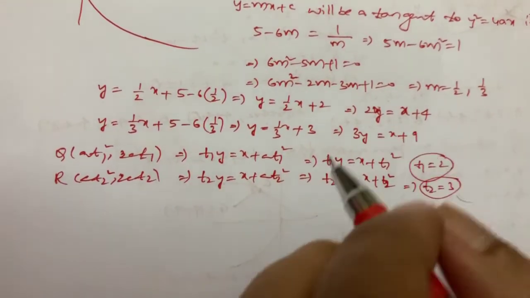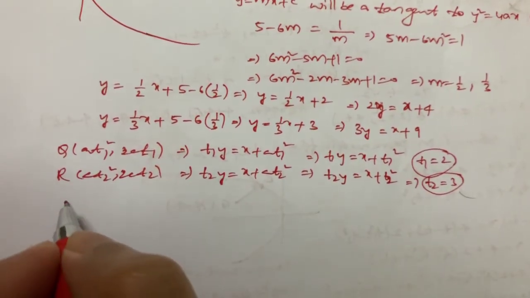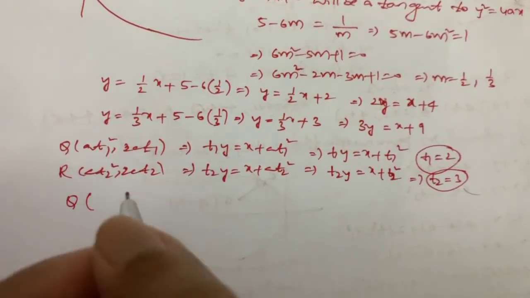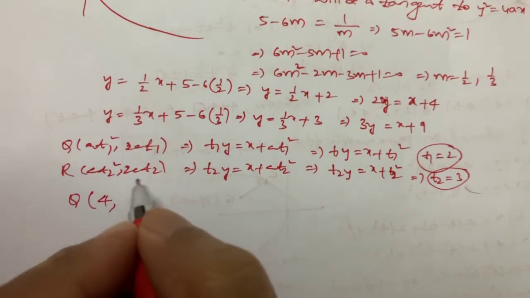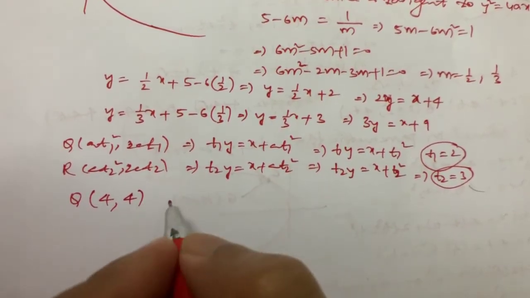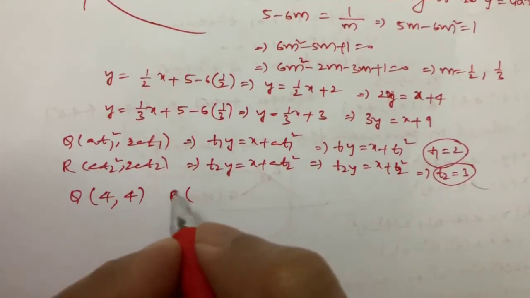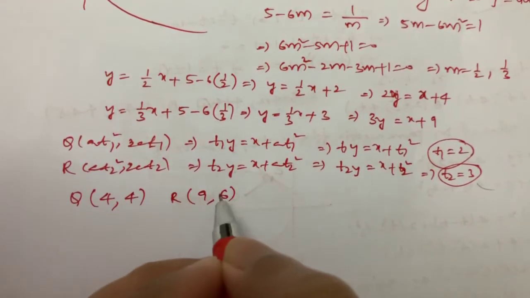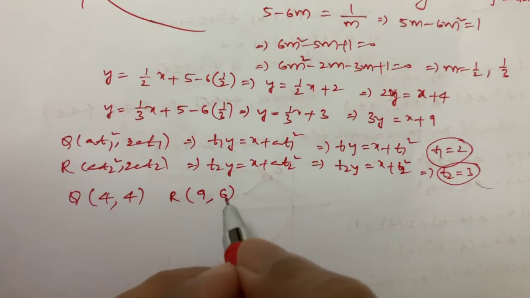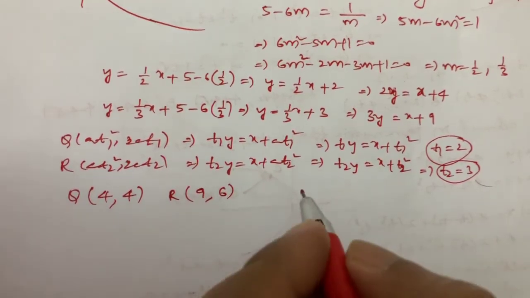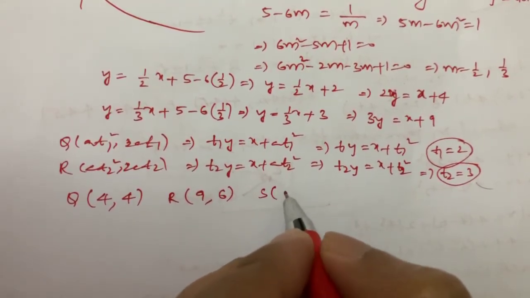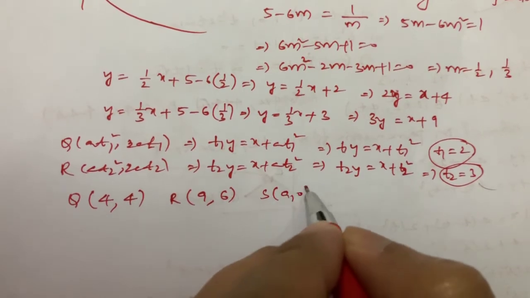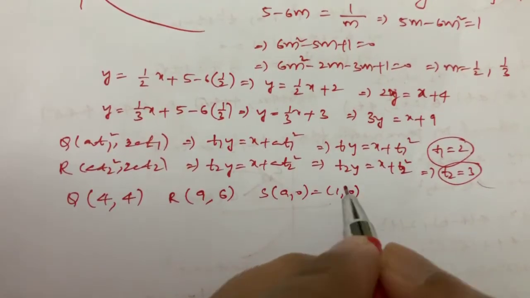So we'll get the points Q and R. a is 1, so t1 square is 4, 2t1 is 4, and again t2 square is 9, 2t2 is 6. So we have Q and R, and we'll consider the focus of the parabola. The focus of the parabola is (a, 0), which is (1, 0).